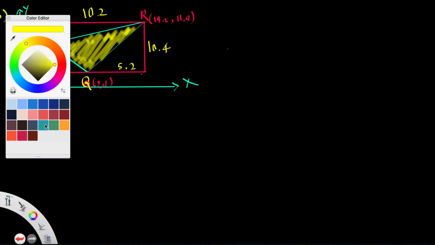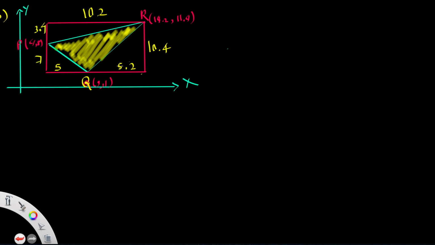So you will have one rectangle and three, do you see three small triangles? If you subtract the area of these three small triangles, because they are right angle triangles, from the rectangle, it will give you the area of the shaded region, which is the area of PQR.